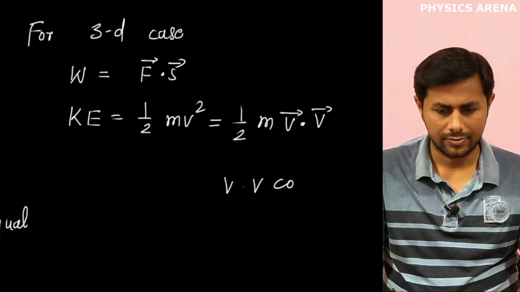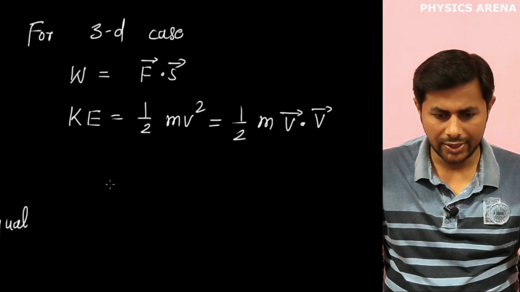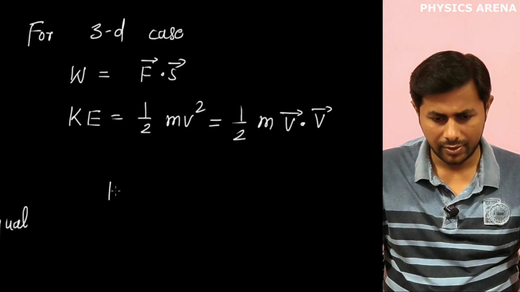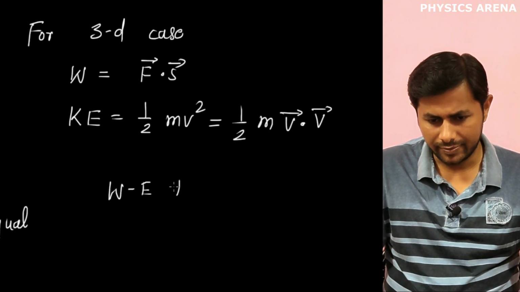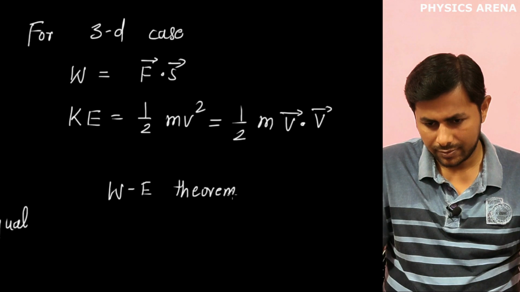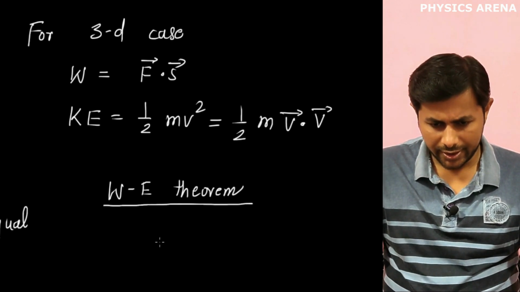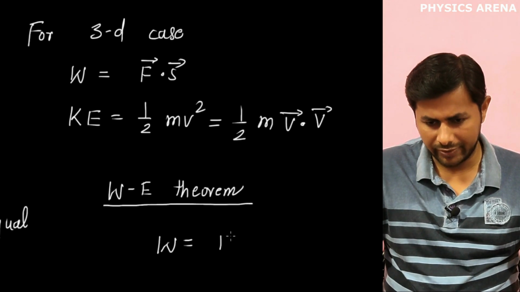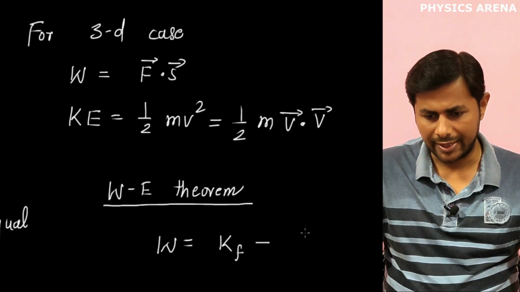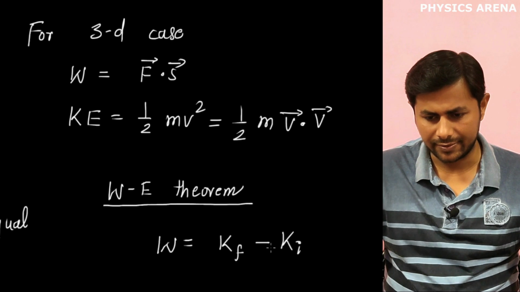But the form of the work energy theorem remains the same. So the work energy theorem for the 3D case too is: work done is equal to the final kinetic energy minus the initial kinetic energy.